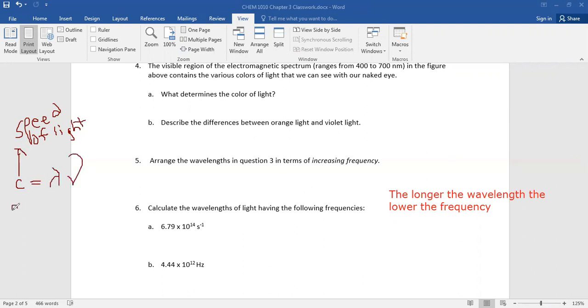The speed of light is a constant, 3 times 10 to the 8th meters per second.